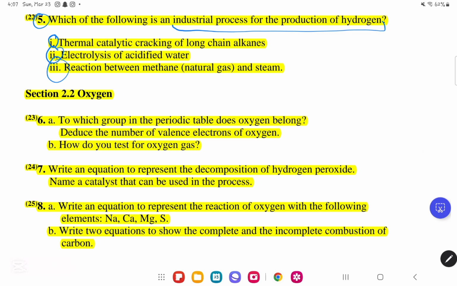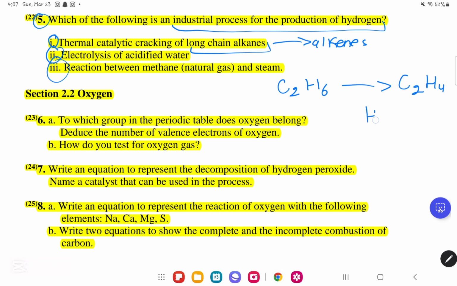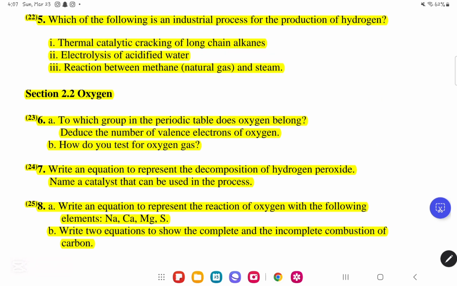Let's say for example, you went from C2H6, you broke the alkanes and they became an alkene, because the catalytic cracking of long chain alkanes will produce alkenes. If C2H6 becomes an alkene, it will be C2H4. So there is H2 missing. This H2 gas, this is the hydrogen gas, in addition to the electrolysis of acidified water and the reaction between methane and steam.